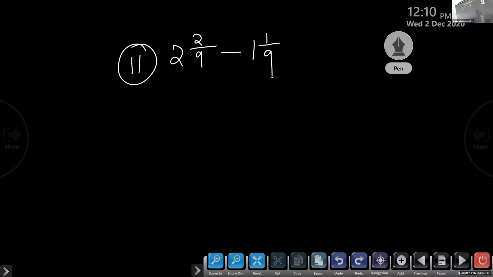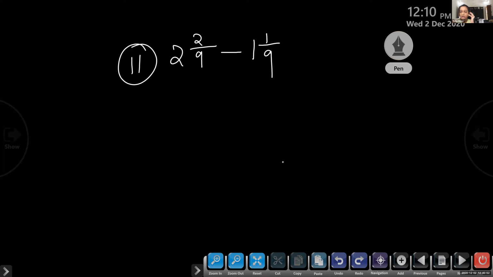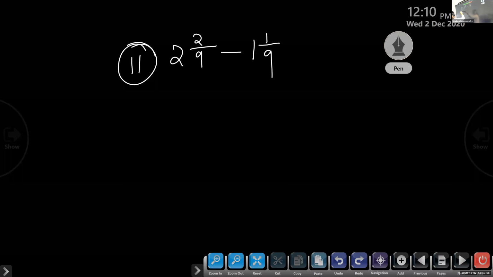First, we will do it with the converting method. Yes, Isha, can you say the answer? Make this improper, Isha. 9 twos are... Can you see question number 11? 2 and 2 by 9. Can you make this into an improper fraction?